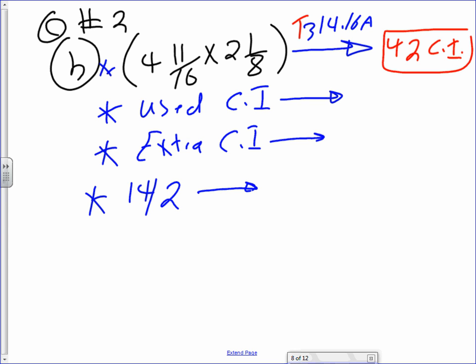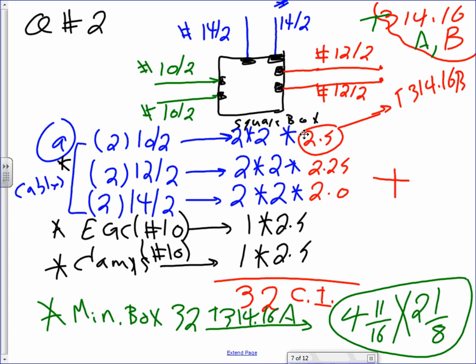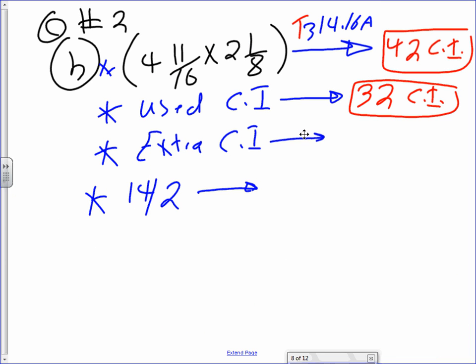How many cubic inches have we used so far? 32, right? Remember that 32, guys? 32 cubic inches already used. Where did I get the 32? I want to remind you that 32 was right here, all the stuff that we already sized for. So, how much extra is left?